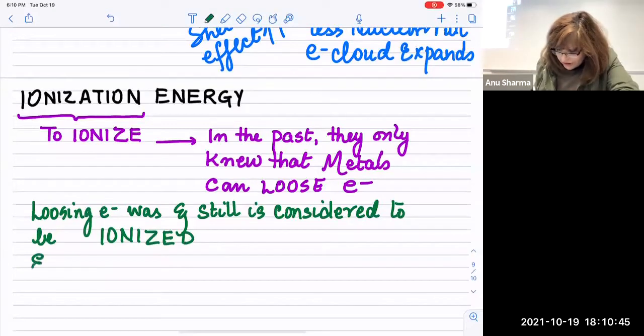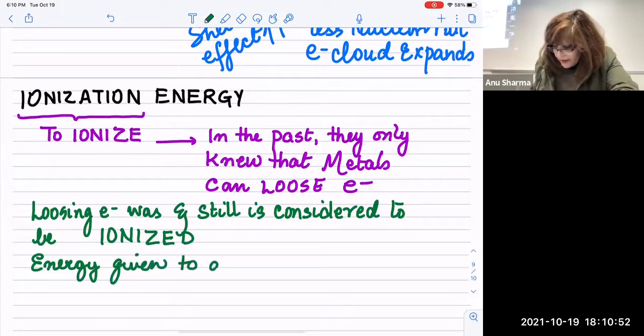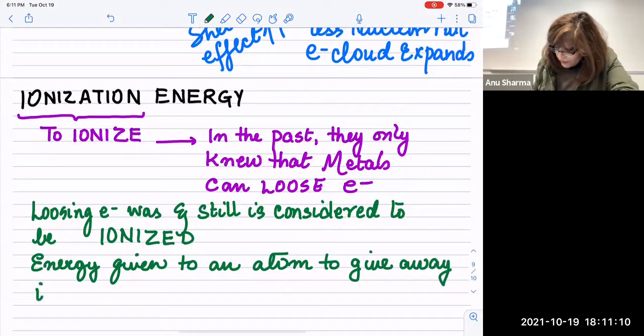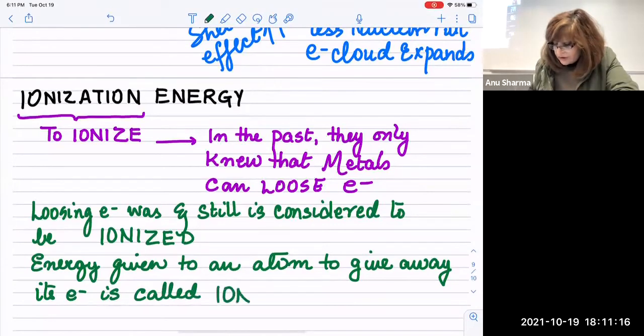Now, the energy given to an atom to lose or get rid of that one electron or two electrons, to give away its electrons, is called ionization energy.